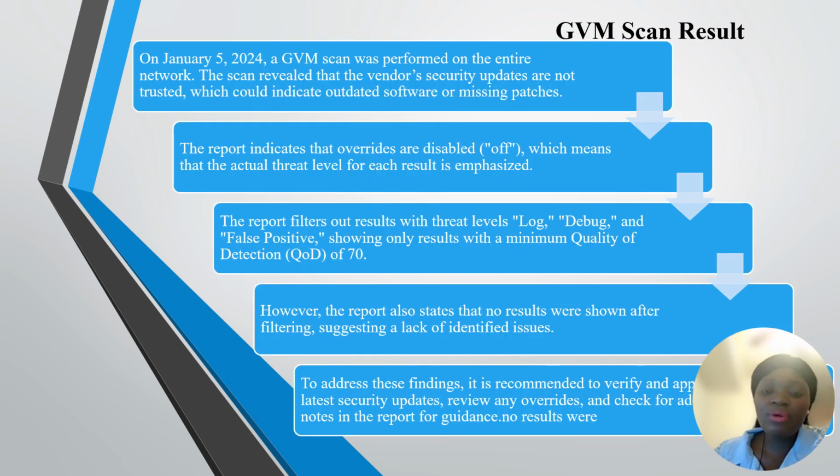Now, let's look at the GVM report that was generated. On the 5th of January 2024, a GVM scan was performed on the entire network. This scan reveals that the vendor's security updates are not trusted, which could indicate outdated software or missing patches.